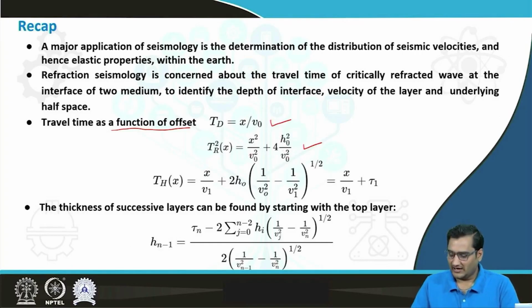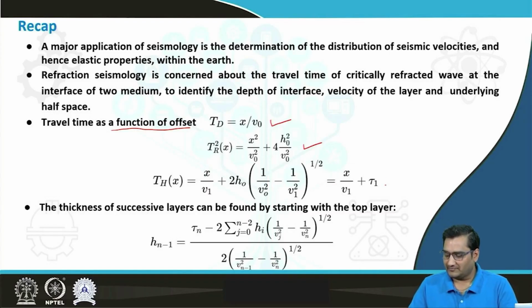Similarly, for the head wave, the equation is x by v1, where v1 is the velocity of the half space, plus 2 h naught, where h naught is the thickness of the layer, times the square root of 1 by v naught squared minus 1 by v1 squared.